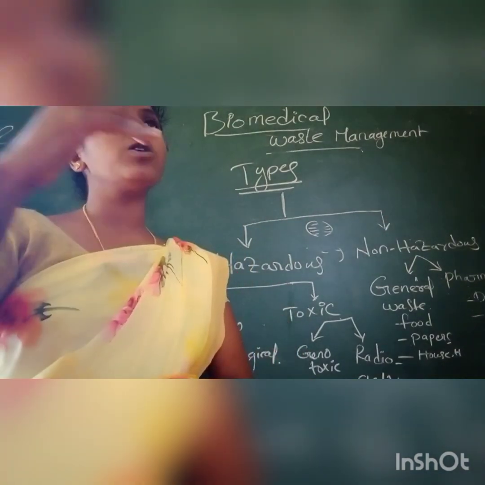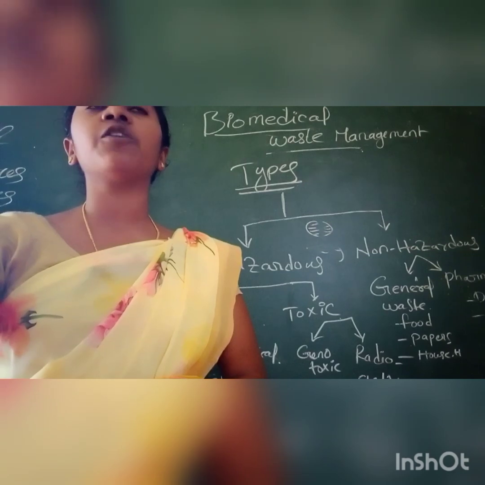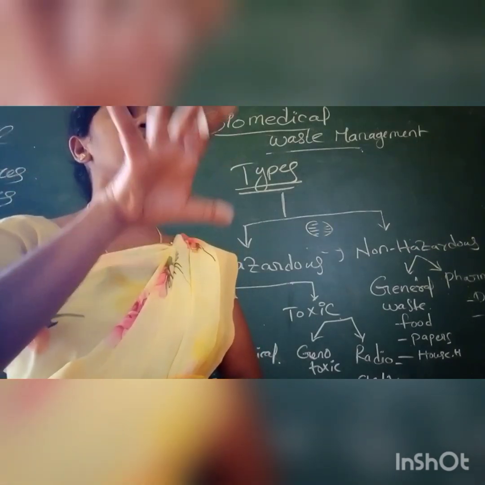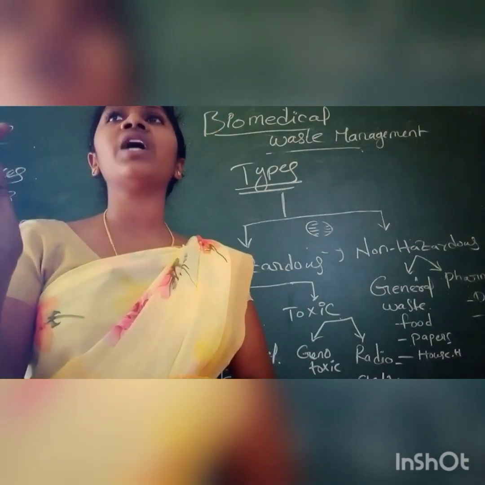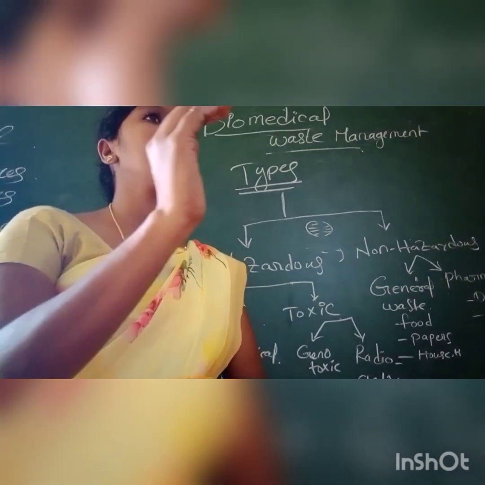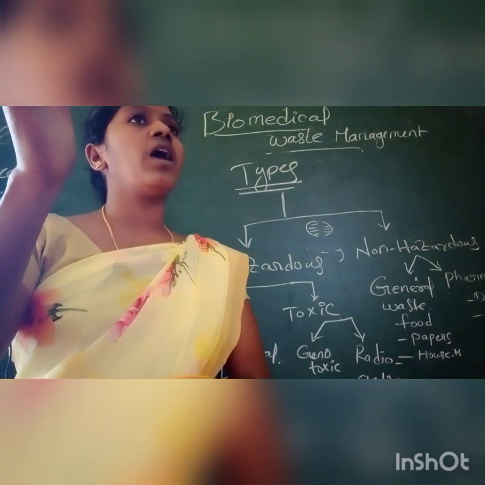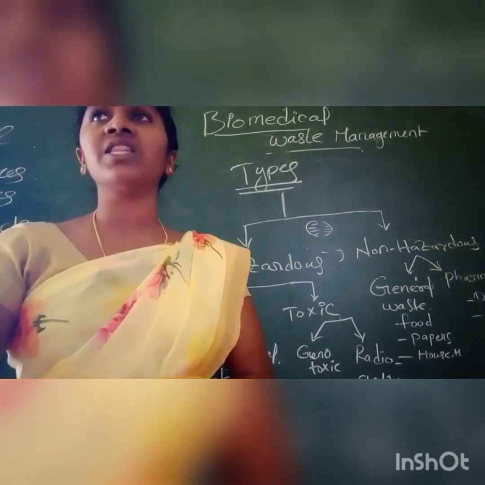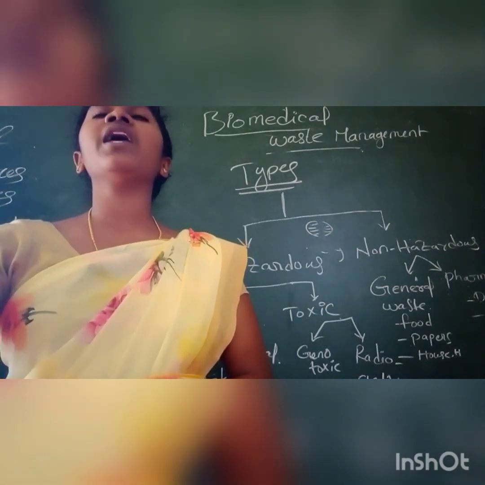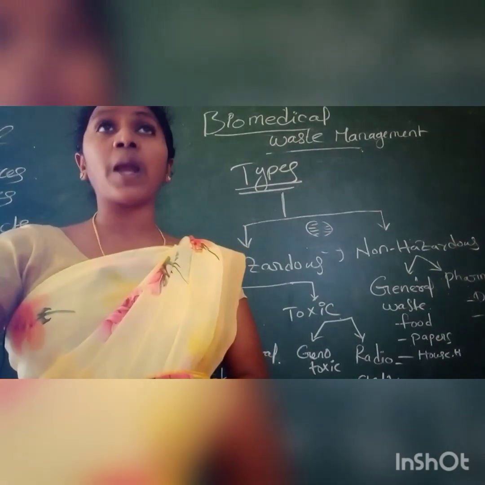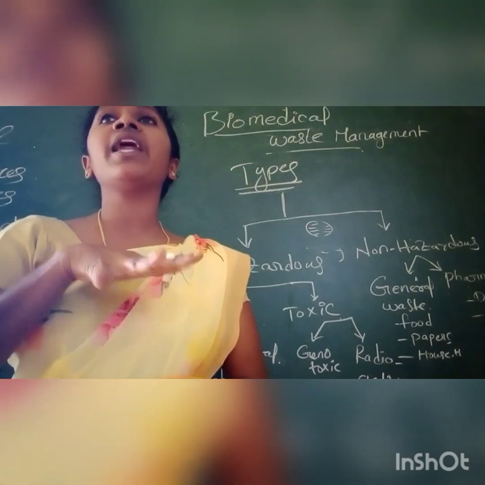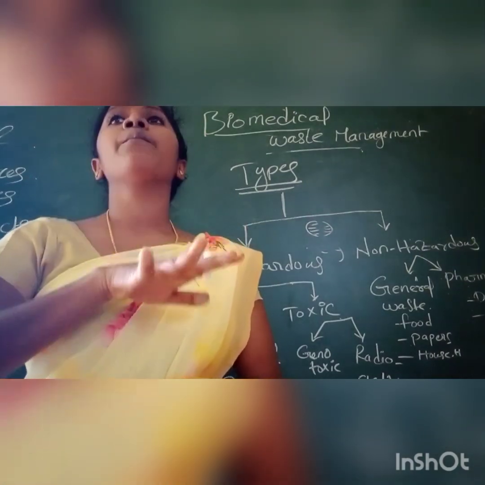After radiation therapy, radiation rays also come out from the patient. Do you know that? For a few hours after a patient is exposed to radiation therapy, radiation rays come out from that same patient.